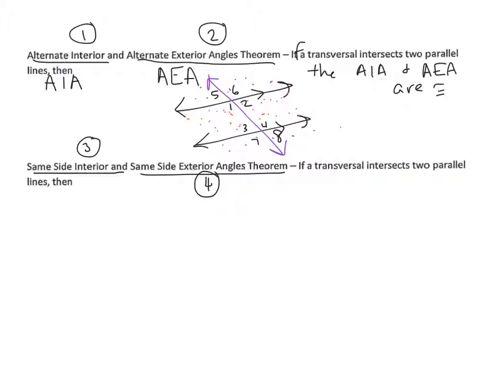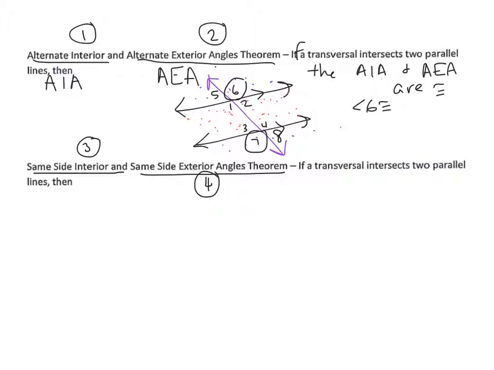So we know that angle 6 is exterior, and that is congruent to the alternate exterior angle down here, which is 7. See how they're on different sides of the purple line, and they're on opposite sides as far as up and down and right and left.